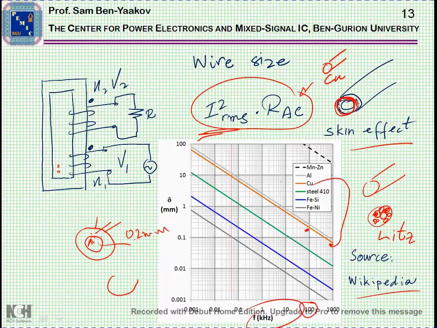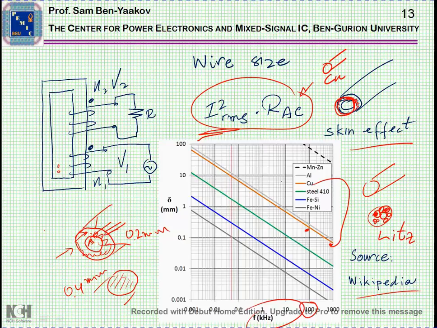So if you use a 0.4 millimeter wire, it will be completely full with the charges. But if the diameter is larger than 0.4, you'll have this effect that the actual utilization of the wire is much smaller than the diameter.